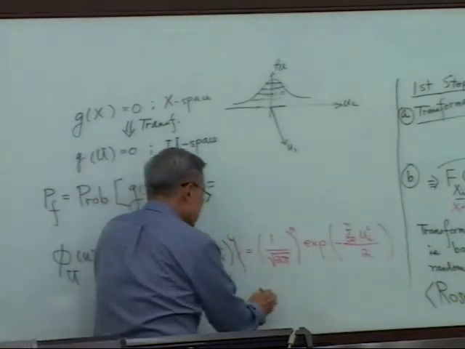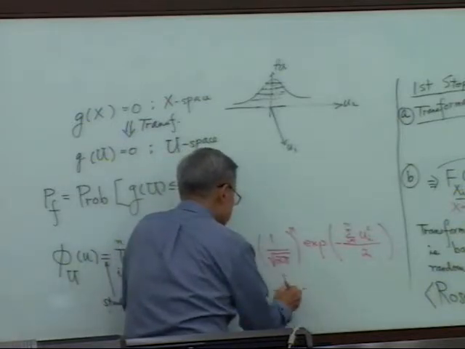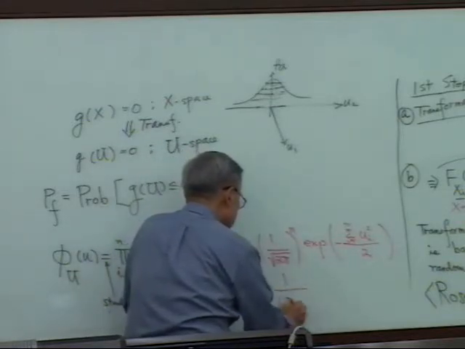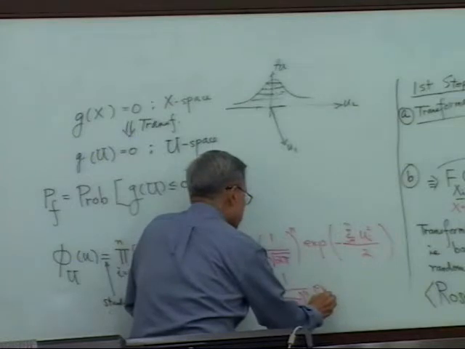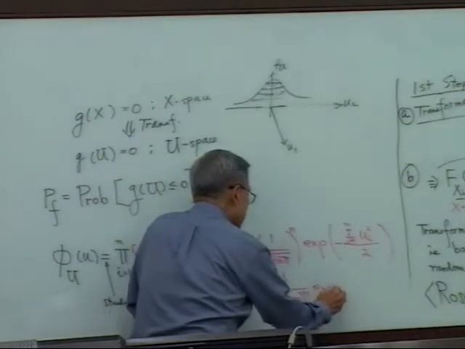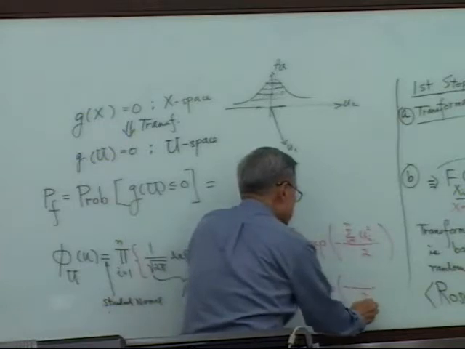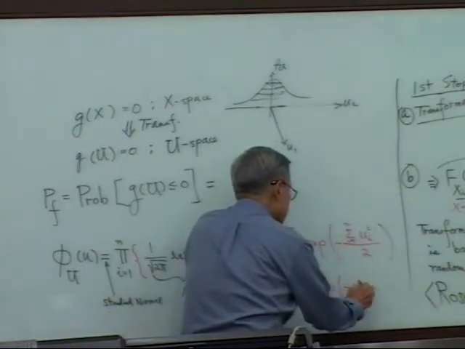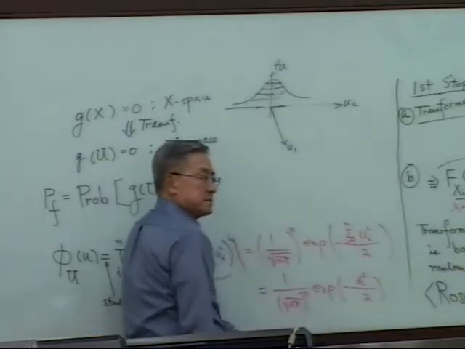Or you can rewrite this guy as 1 over 2 pi to the n power, then exp of minus d square over 2.